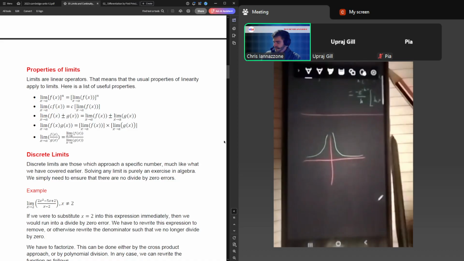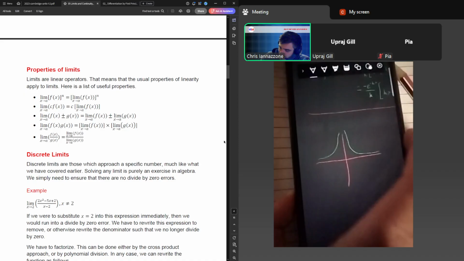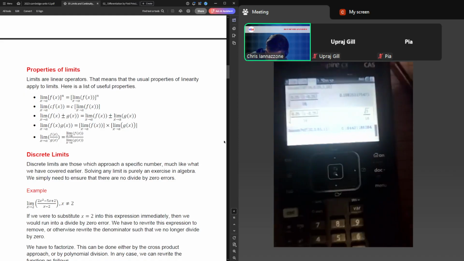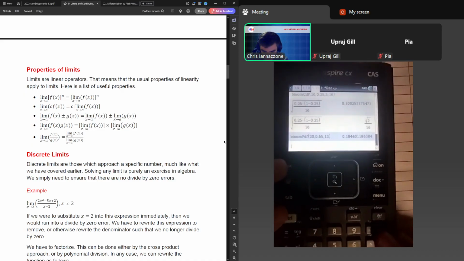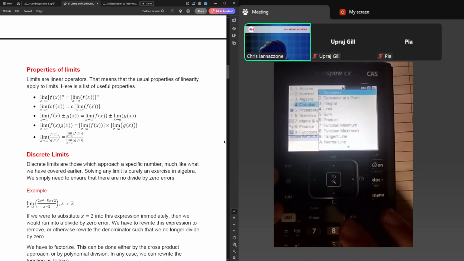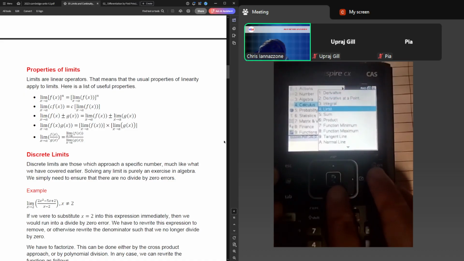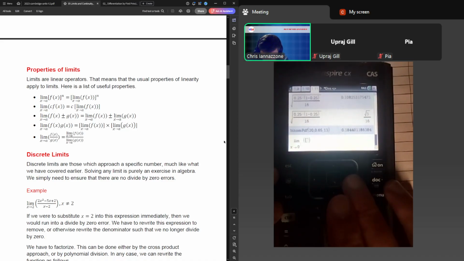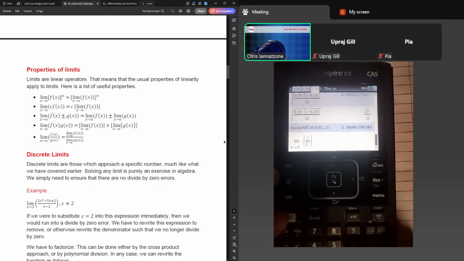Now, one thing that's probably worth pointing out maybe now is how that appears on a CAS. So if I go ahead and do exactly what I just did there, it's in the menu for the TI Nspire. Limit, the notation will be something like this. As x approaches 0, and you'd have your 1 over x squared to make it the truncus.